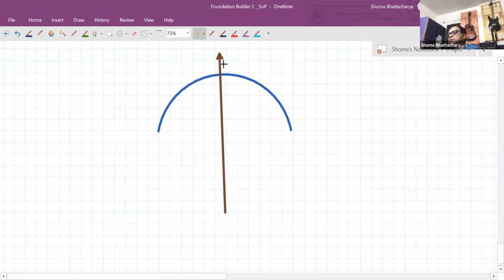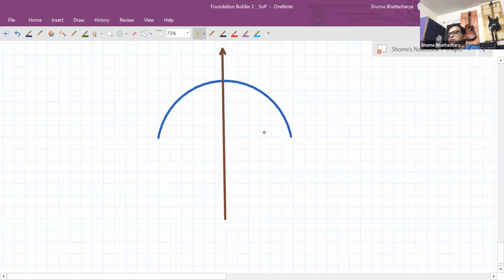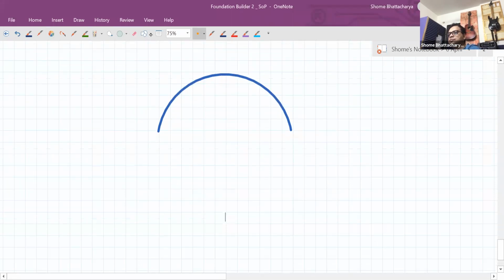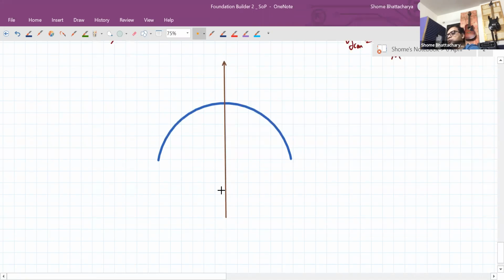So this is my symmetry axis, and this is where my origin was lying.